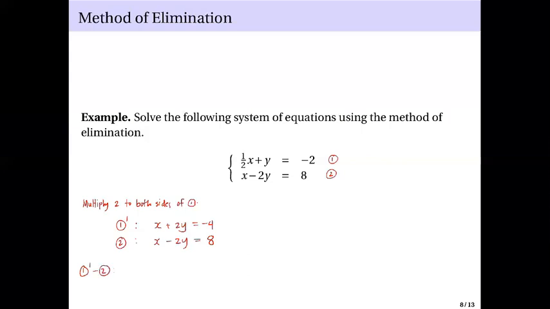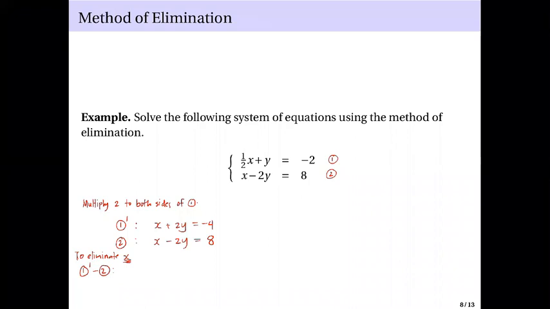So I'm going to write here, to eliminate x, this is one way. To eliminate x, we subtract 1 prime, so this equation minus this equation here.